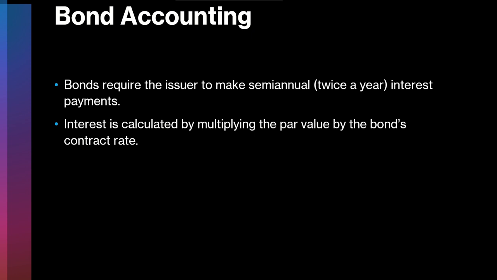And it also has a contract rate. Contract rate is the same as the stated rate or the coupon rate. They have so many different names. Contract rate, stated rate, or coupon rate, they are all the same. That's displayed on a bond, and that's the rate applied to the par value, which determines the interest that needs to be paid.